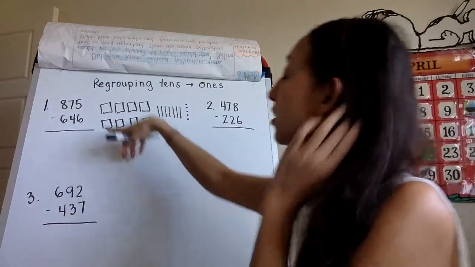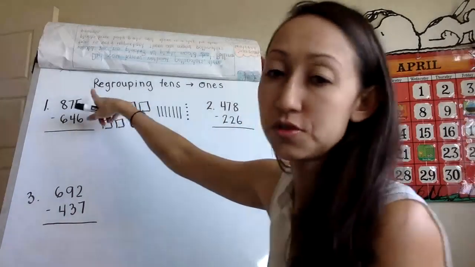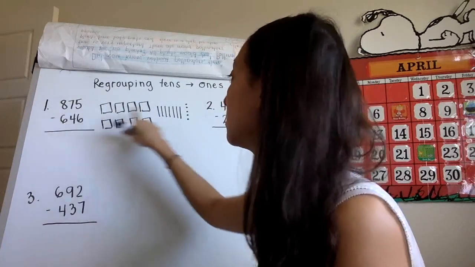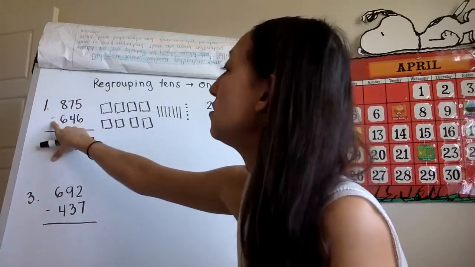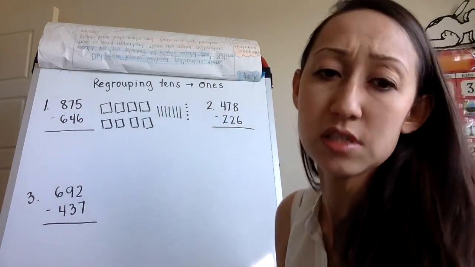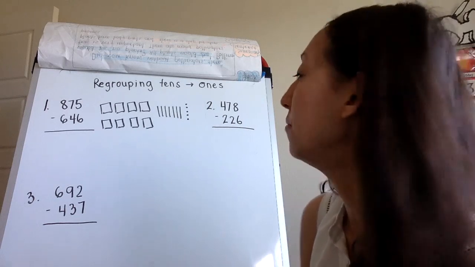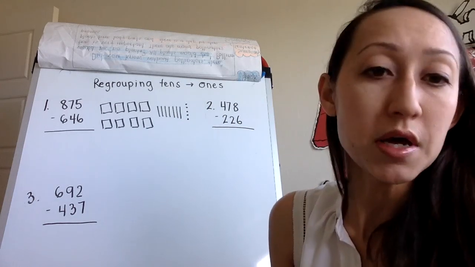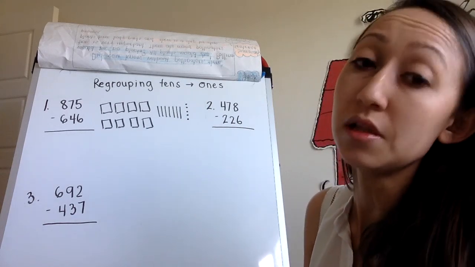Okay. Now, our first step is to subtract in the ones place. It says here I have to take away 6 ones, but I only have 5. So that seems a bit impossible right now. Right now it is, but I just have to rewrite my numbers a little differently.